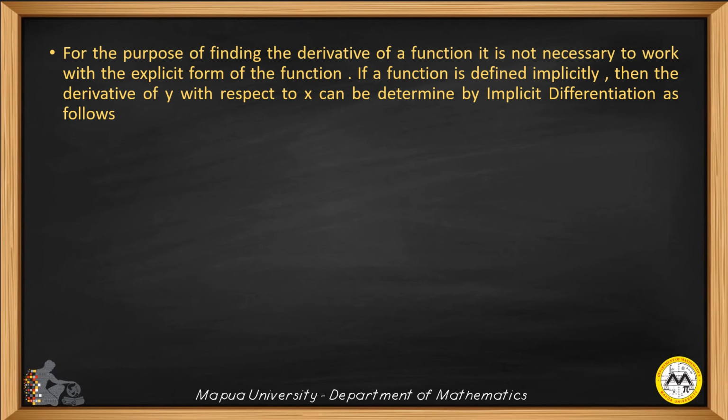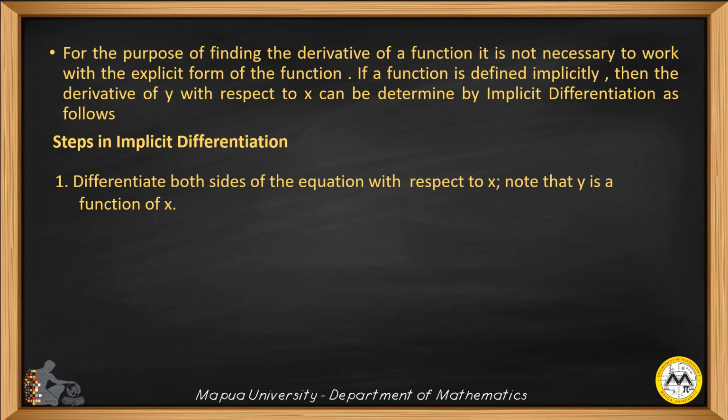To determine the derivative of the function, it is not necessary to work always with the explicit form of the function, because even with the implicit form of the function, you can determine the derivative dy/dx using implicit differentiation, the steps of which are as follows.